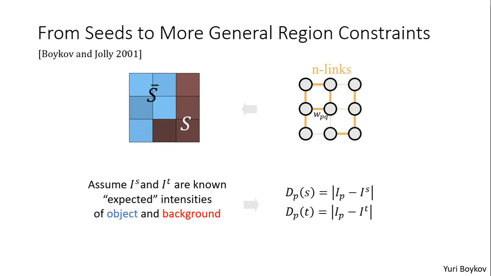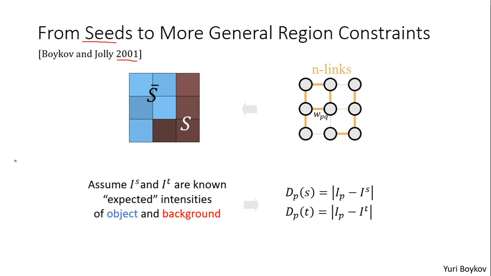So in this 2001 paper, we go from just clicking a couple of seeds to more general regional constraints. Now think about the Chan-Vese algorithm where we fit the piecewise constant function, one label for the object, one label for the background. So each pixel may like to belong to either the object or the background based on its intensity, for example.